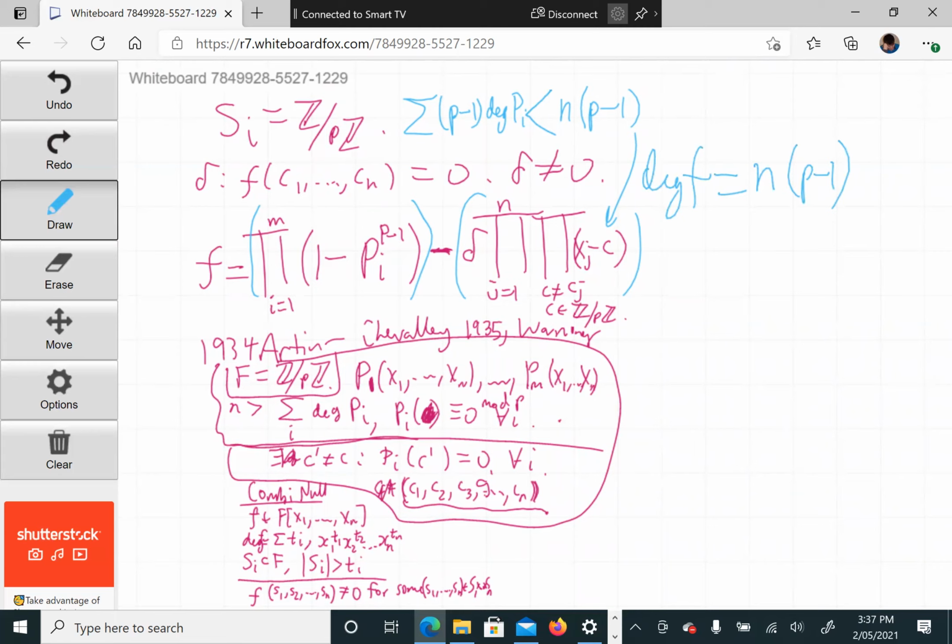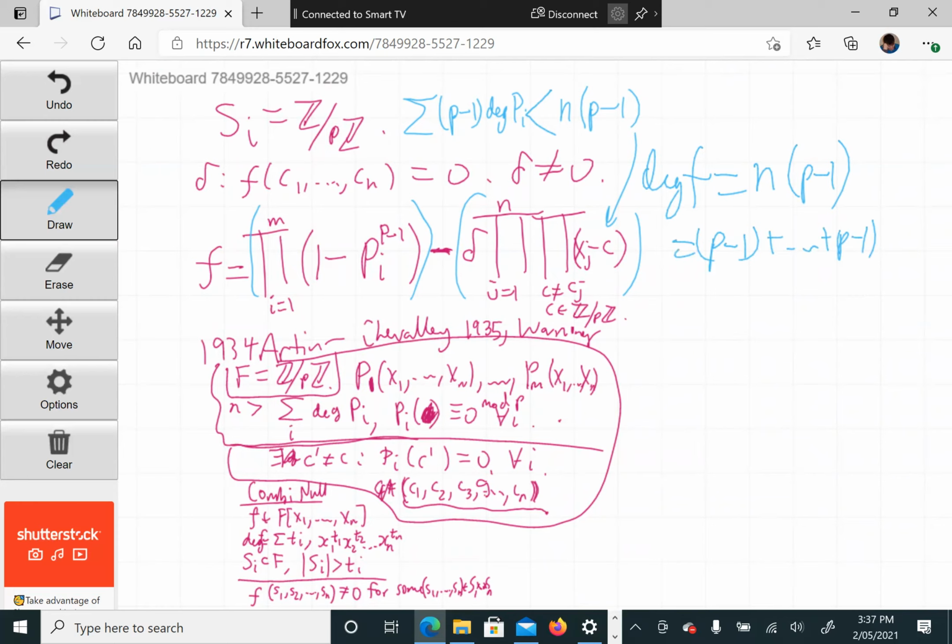Okay, so now we want to partition f into n things, right? Well, we have n p minus 1s, yeah? So we could write it as p minus 1, n times, yeah?